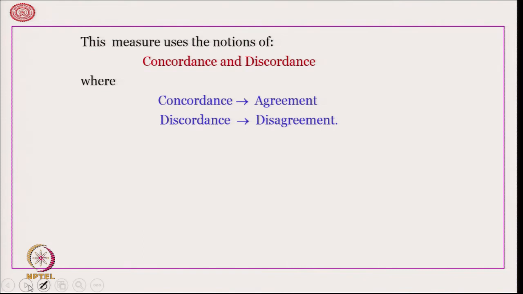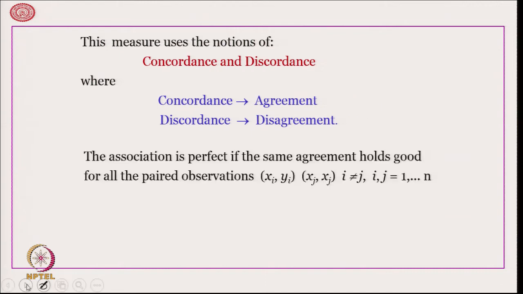Then the question comes, how to measure their association. Kendall's tau uses two notions, one is called concordance, the other is called discordance, where concordance means agreement and discordance means disagreement. So, what does it mean?